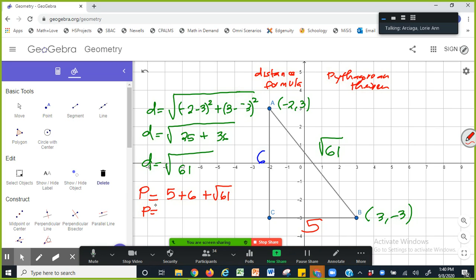So 5 plus 6 is 11, and radical 61 is a decimal. I strongly suggest, make yourself familiar also with manipulating radicals. So I'm going to keep them in radical form. If you want, you can change them to decimal if you're doing your homework, but in Delta Math, sometimes it asks for the radical form of the answer. So this will be the final answer for the perimeter.